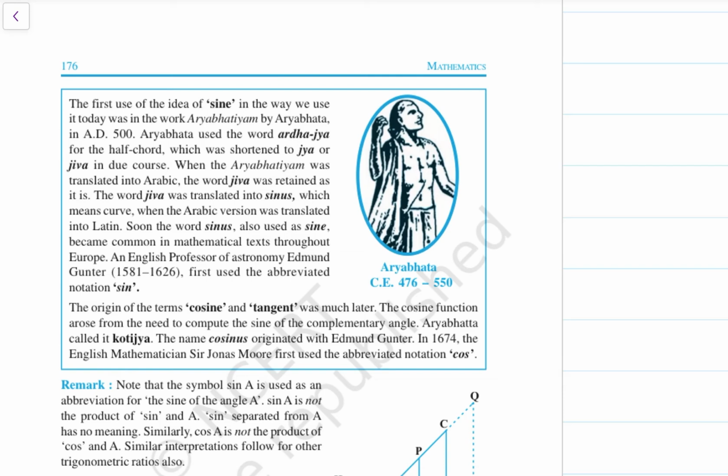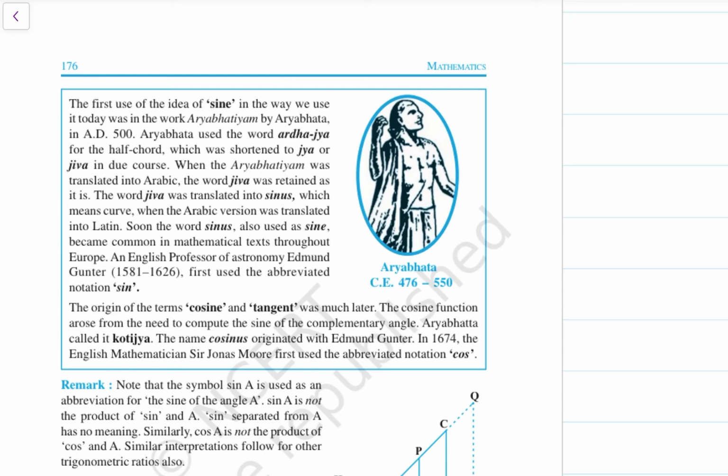Jaya is chord and Ardha means half, which was shortened to Jaya or Jiva in due course. When the Aryabhatiya was translated into Arabic, the word Jiva was retained as it is. The word Jiva was then translated into sinus, which means curve, when the Arabic version was translated into Latin.